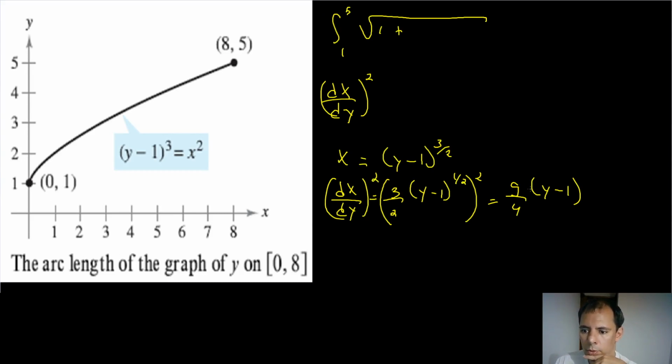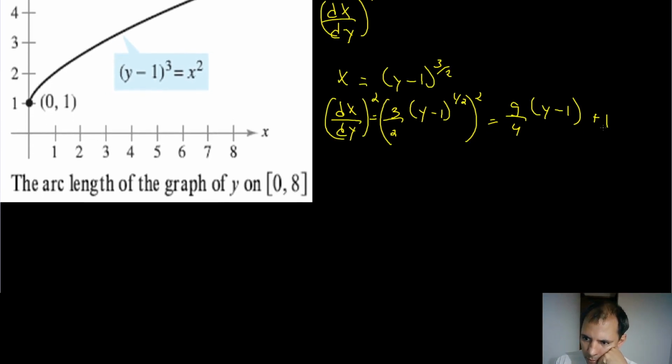So we gotta add a 1 in here. And you know what I'm thinking? Maybe I'm gonna put a 4 here, and this I'm gonna turn into a 4. So it's gonna be 9y minus 9 plus 4 divided by 4. Now 9y, I don't know if I should do this. Let me check one thing in here.